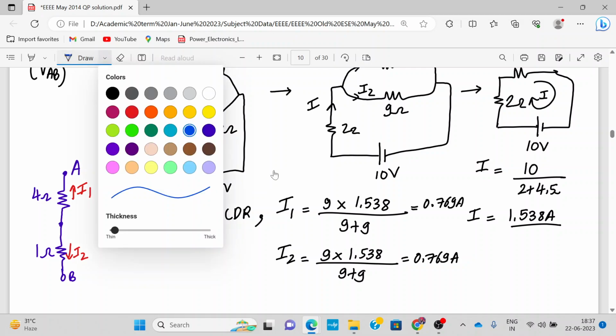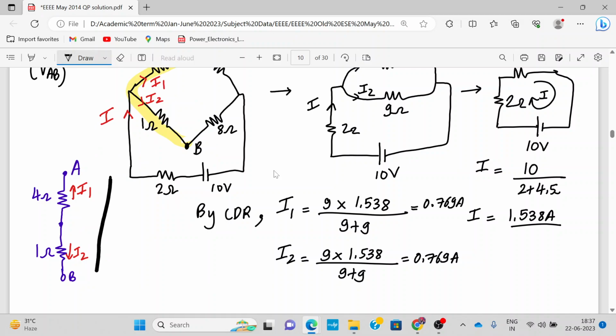Now, if I go like this, let me save this file once. We calculate VAB if you all are comfortable with it.